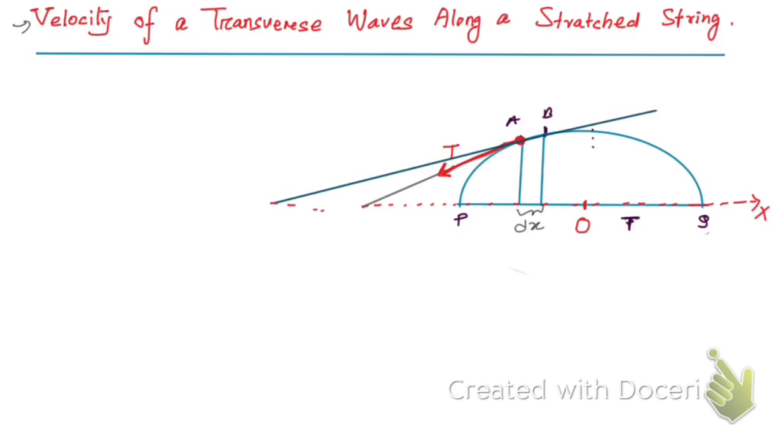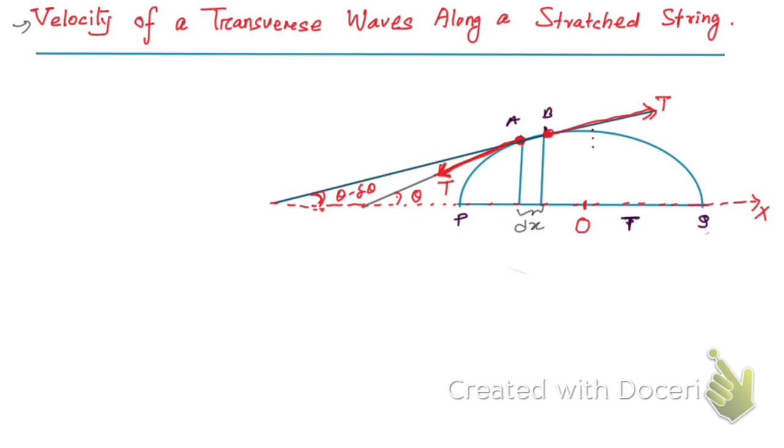So here is the direction of the tension, this is the tension at B and this is the tension at A. And these two tangents make an angle theta. This angle is, suppose, theta, and this angle is smaller than this one by a very small angle, that is theta minus delta theta. Let me consider it that way. Hope you have understood this.